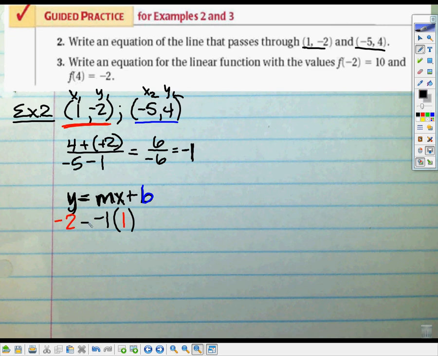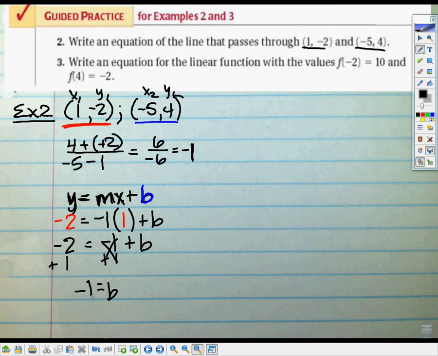From there we can solve the equation for b to find the y-intercept. Negative 1 times 1 is negative 1 plus b equals negative 2. If we add 1 to both sides, we get that b equals negative 1.